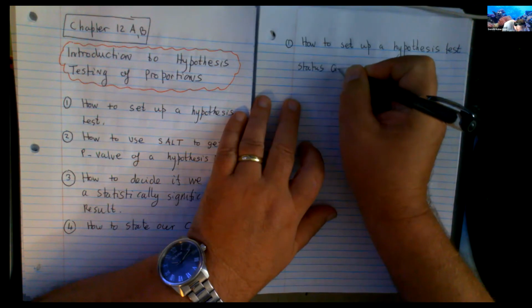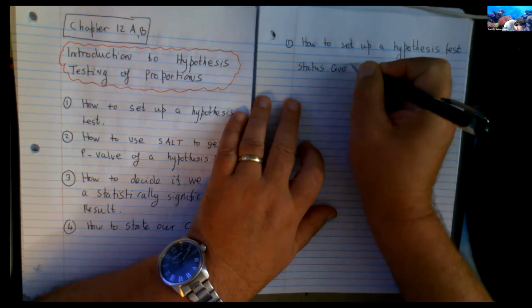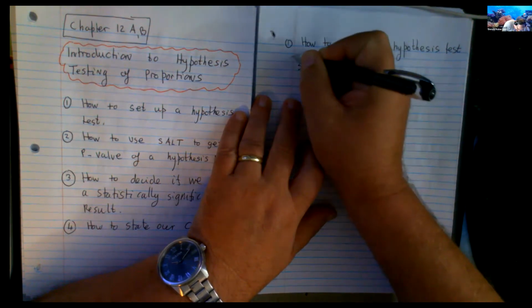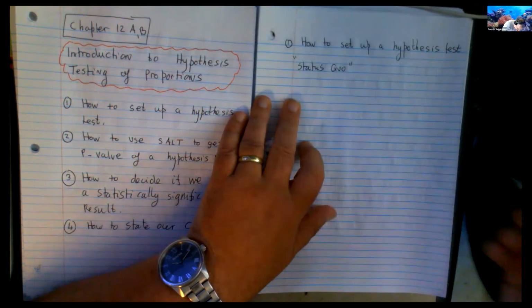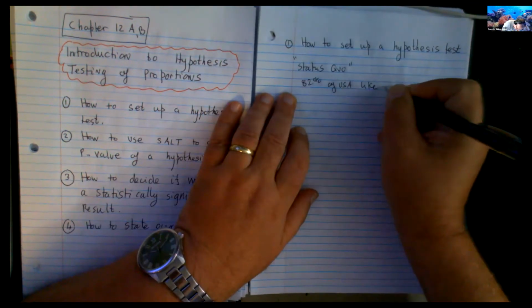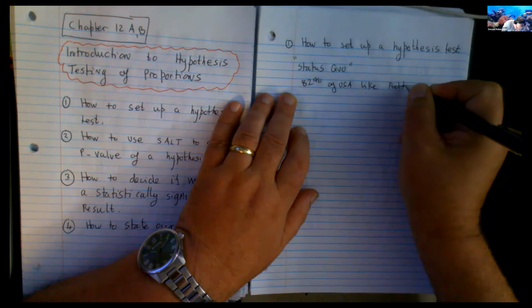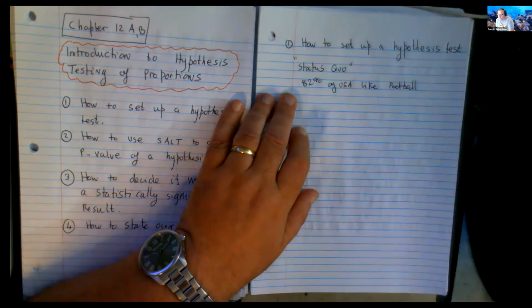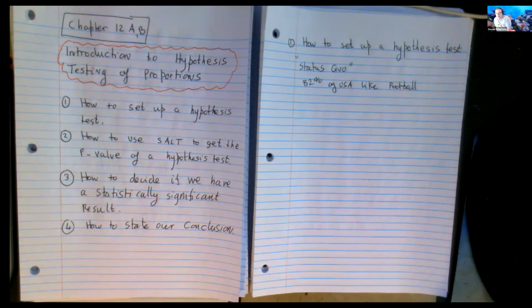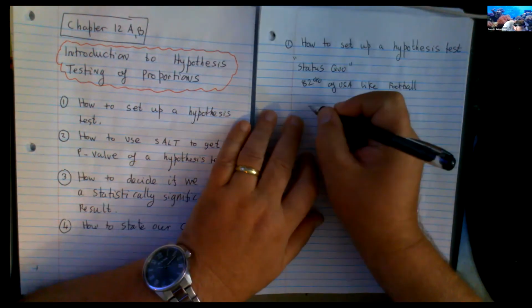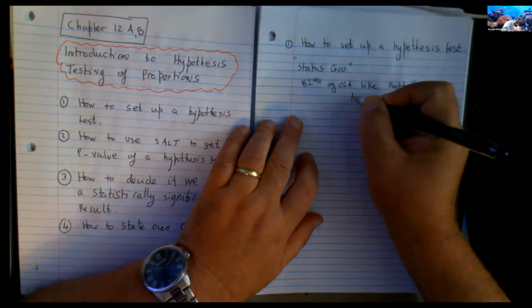So an example might be 82% of Americans like football. I made that number up, right? But 82% of Americans like watching American football. We would write that down. That's called the null hypothesis.